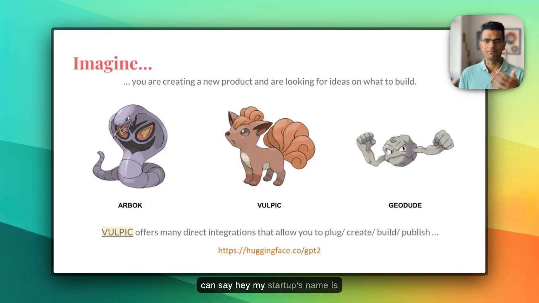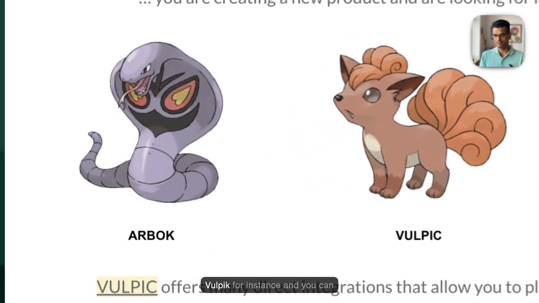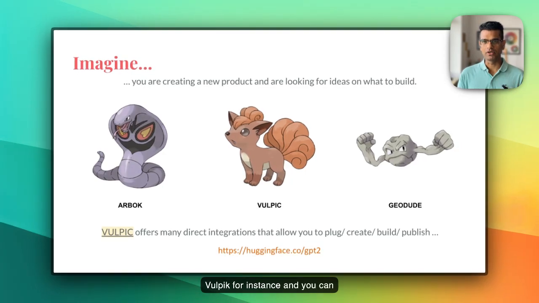So you can say, my startup's name is Vulpix, for instance, and you can go to an LLM, ChatGPT for example, and say, Vulpix, which is the name of my startup, offers many direct integrations that allow you to build something. And then you can expect ChatGPT to complete it, and you can use this completion as an idea for what you might build.